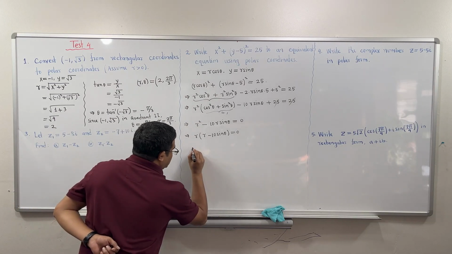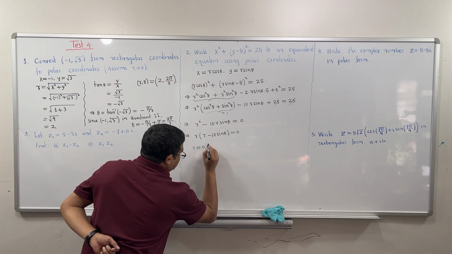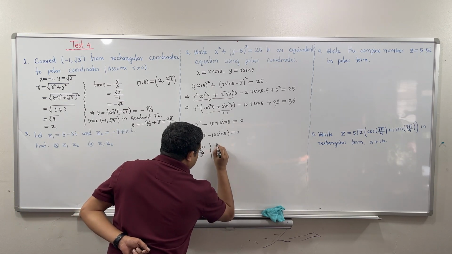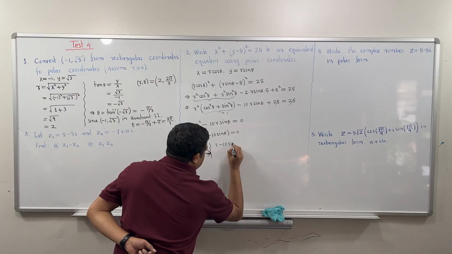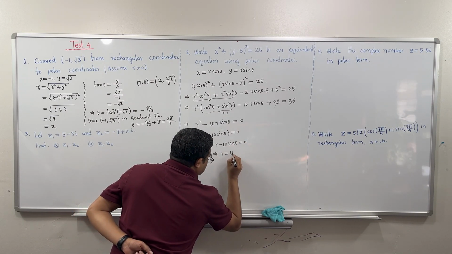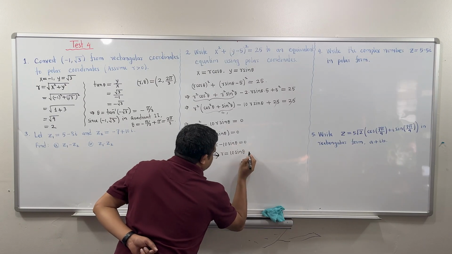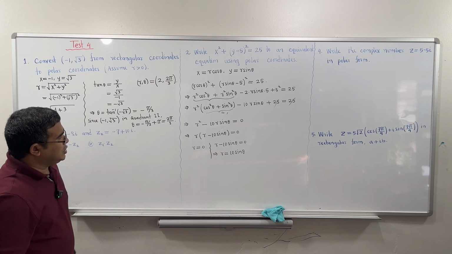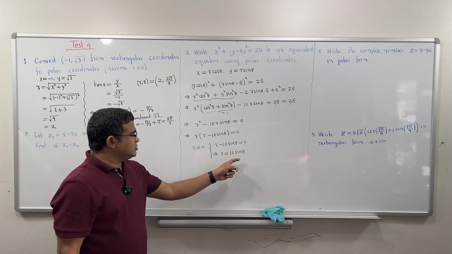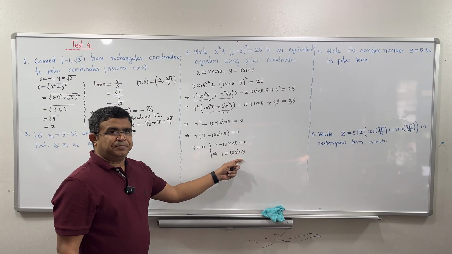Now we can write by the zero product property that the first one, r, is 0, or r minus 10 sine theta is 0, that means r equals 10 sine theta. So when theta is 90 degrees, then this also becomes r equals 0.